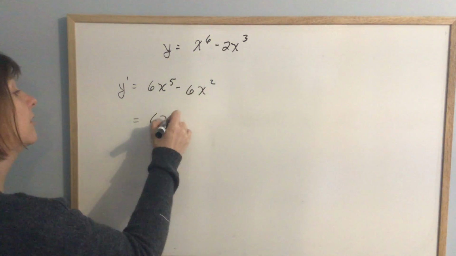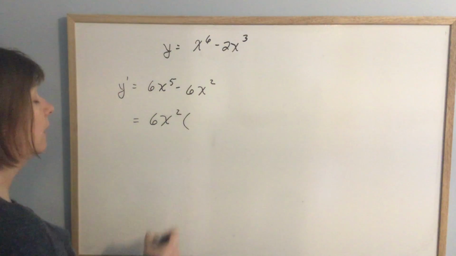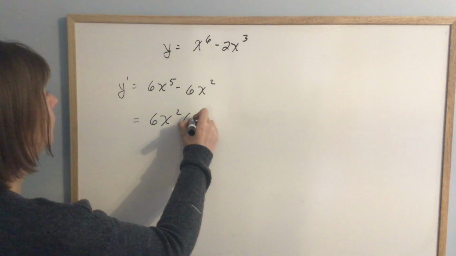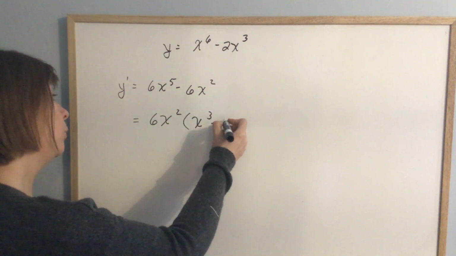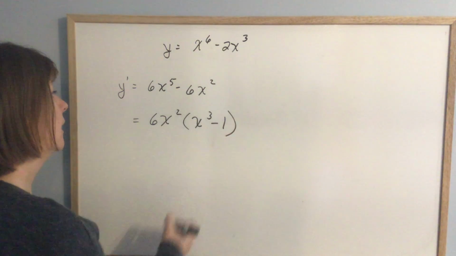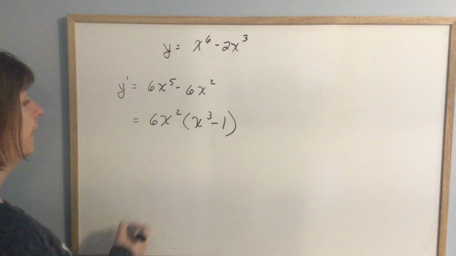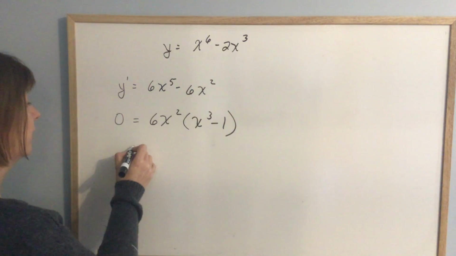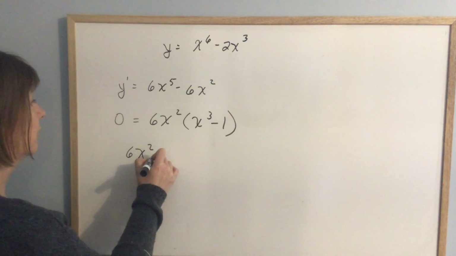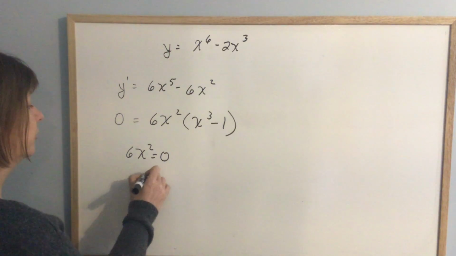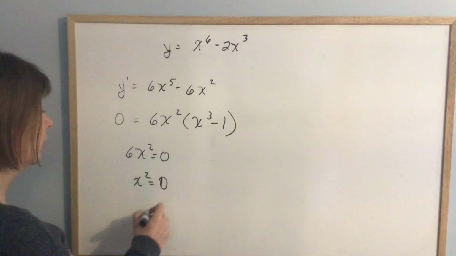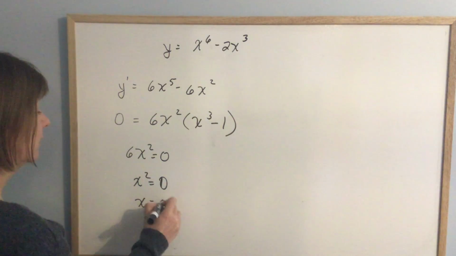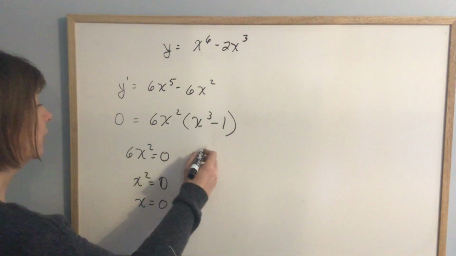So I can at least take a 6x squared out, which would leave me with x cubed minus 1. And so make that equal to 0. Either 6x squared is equal to 0, which means x squared is equal to 0, sorry, which means x is 0. My brain was already over here.